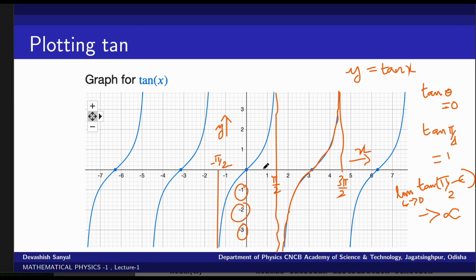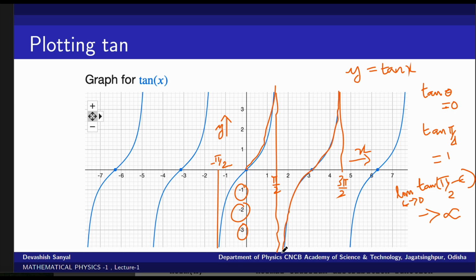So you can see, this is pi. Suppose I start from here, so I go up and I reach infinity. Okay, then I still keep increasing my x, then suddenly there is a jump.